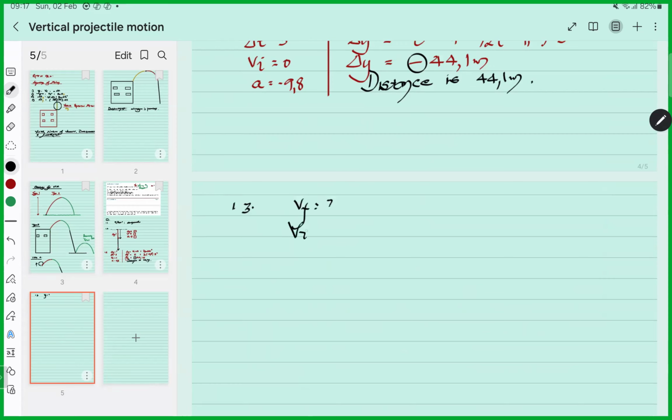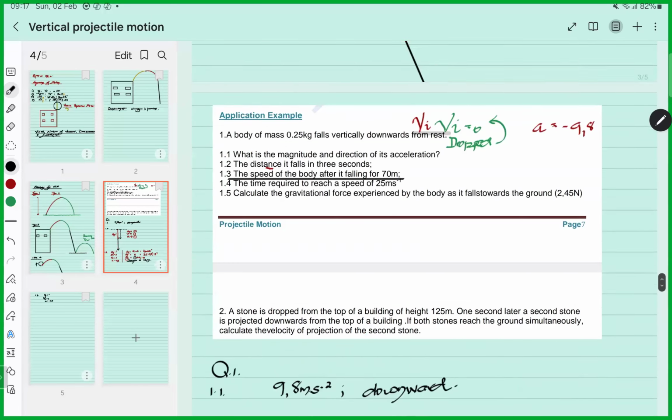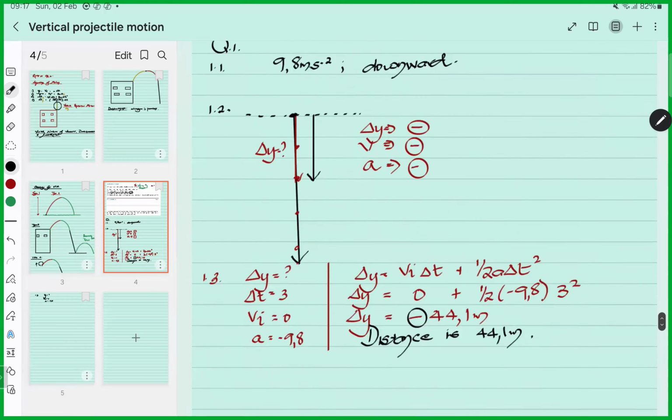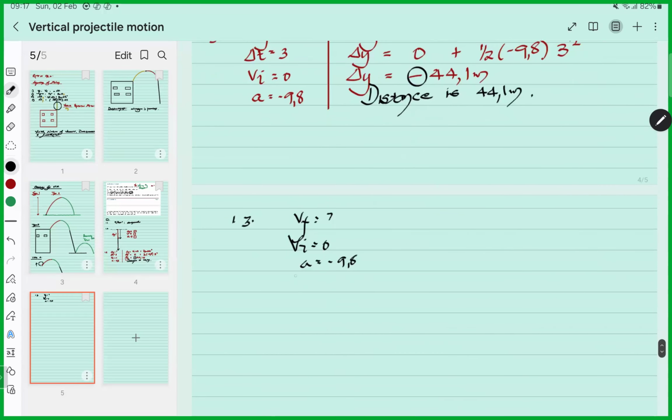Your initial velocity is 0. Your acceleration is minus 9.8. And you want to find the final velocity after it has fallen 70 meters. So if you've fallen 70 meters, your delta y is going to be minus 70.